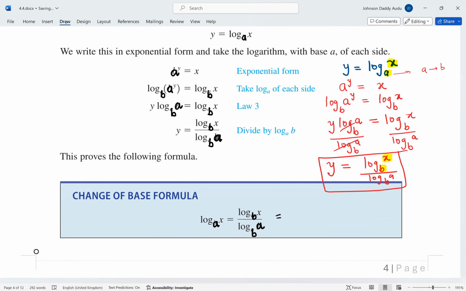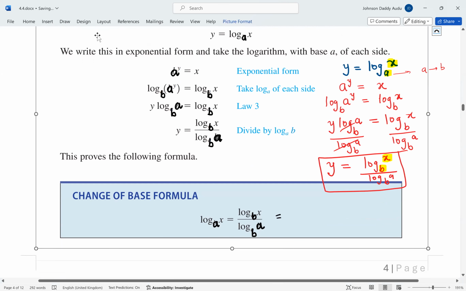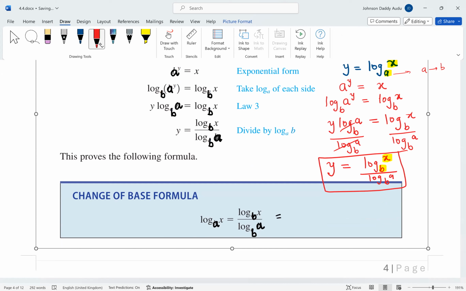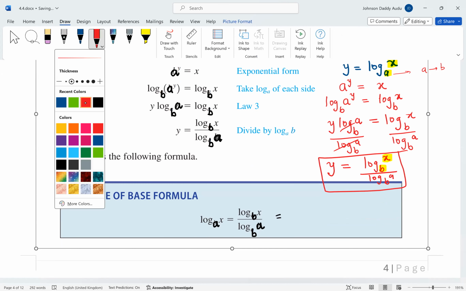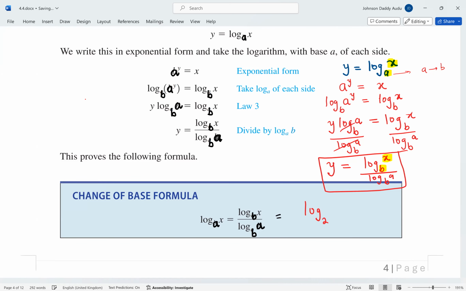Let me just give you a quick example. If I have log to base 2 of x, and let's say I don't like this base 2, I want to take it to base 3.